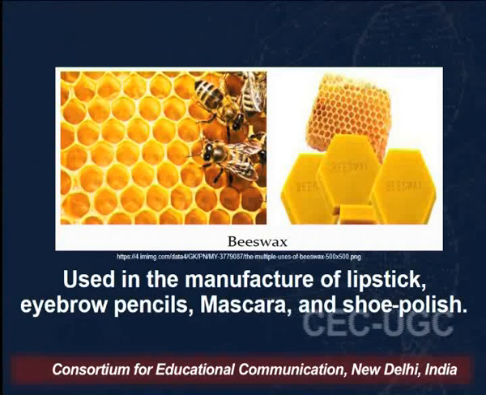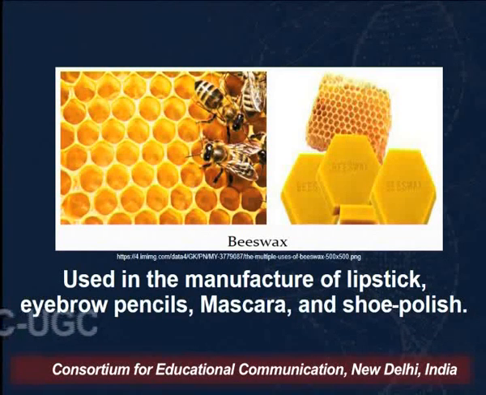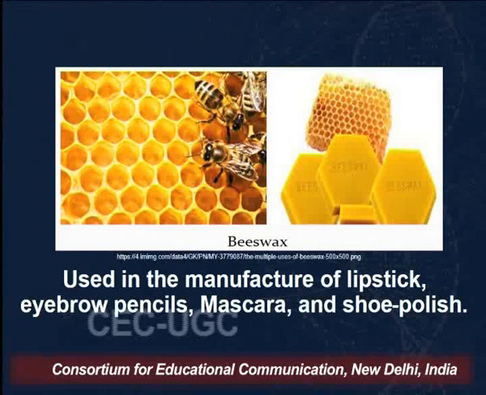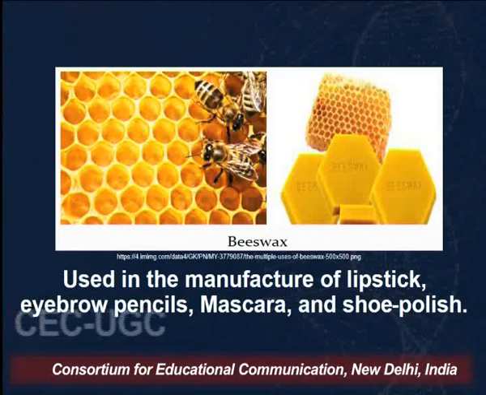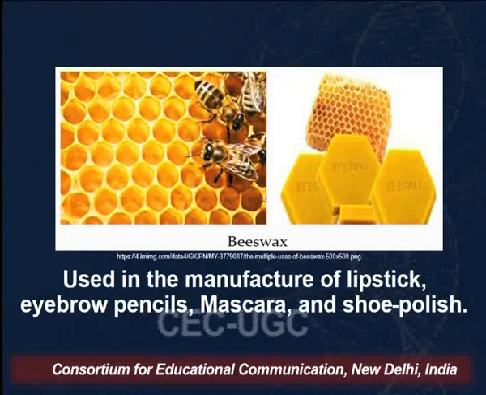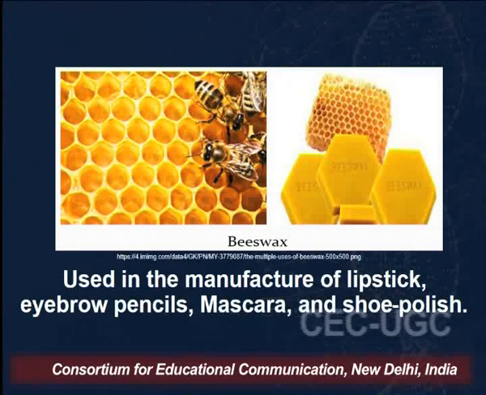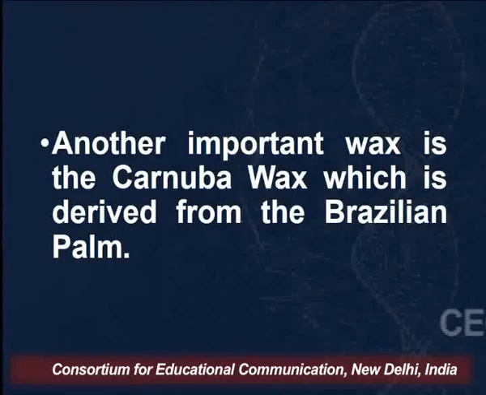And the beauty is that this beeswax is used in manufacture of cosmetics like lipsticks, eyebrow pencils and mascara. Not only this, it is also used to make shoe polish. So the bright texture of the leather of the shoes is due to the beeswax.